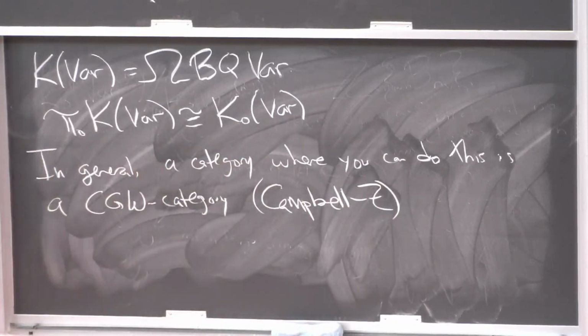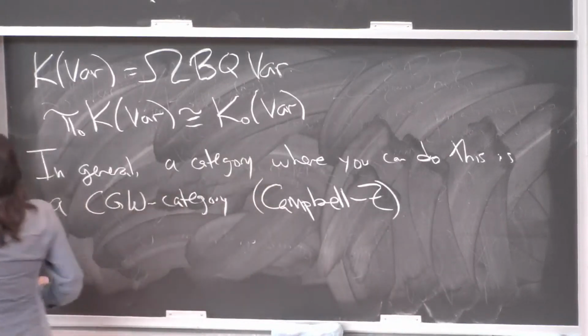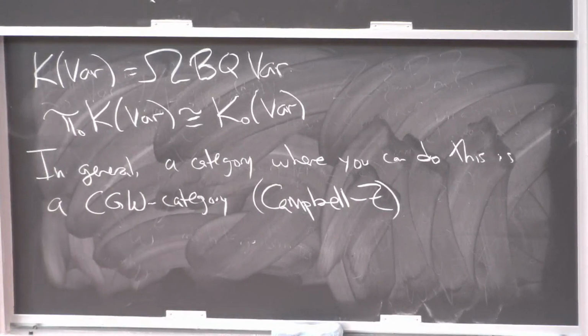So it's a place where you can do this kind of Q construction. The most general place you can do it is a CGW category. The data of a CGW category is the two families of morphisms and the data of how to commute things past one another.